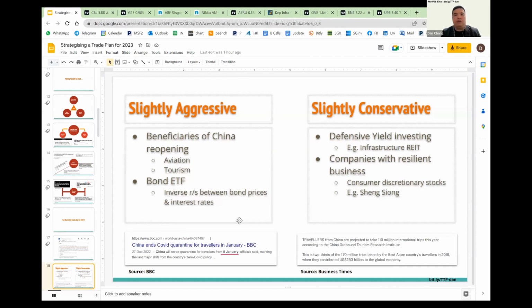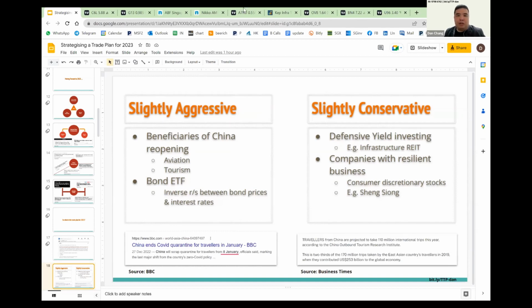They are very defensive in nature because even if there's a recession or a downturn, we still need water, we still need electricity. And Capital Infrastructure Trust happens to be one of the infrastructure trusts listed on SGX.